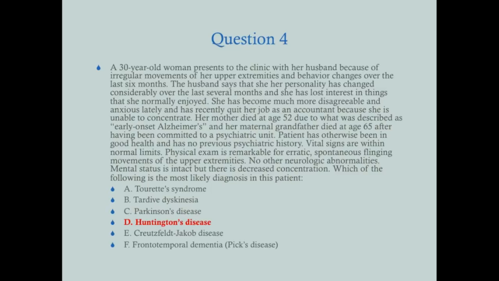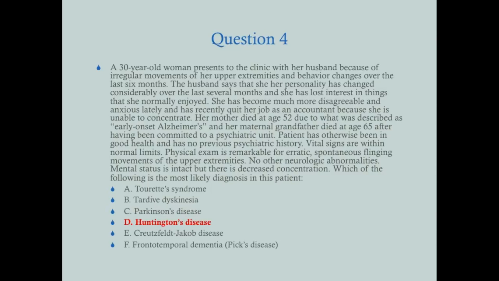Parkinson's disease, that's also a movement disorder, but it's going to be things more like resting tremor, rigidity, bradykinesia, not things like chorea, which is what we see in this patient, or ballismus, which is low-frequency, large flailing movements of especially the upper extremities.